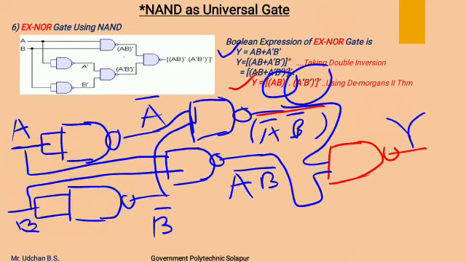At this I will get this equation, which will again give you the expression of XNOR gate after solving using De Morgan's theorem. This is how we can get the XNOR gate using NAND gate.